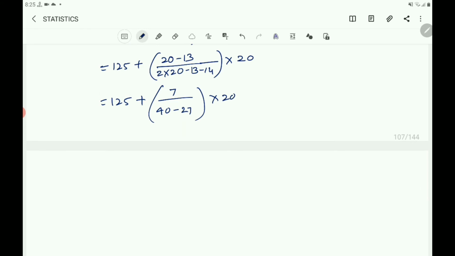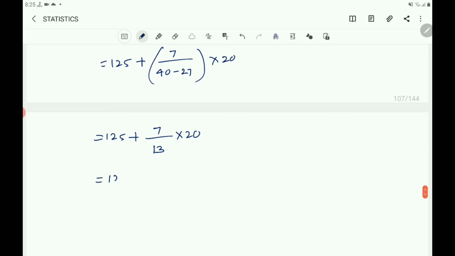You will get 125 plus 7 by 40 minus 27 is 13, into 20, that equals 125 plus 140 by 13.